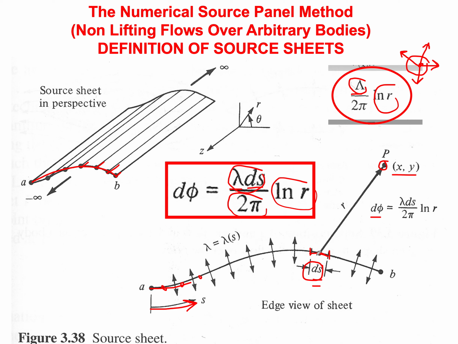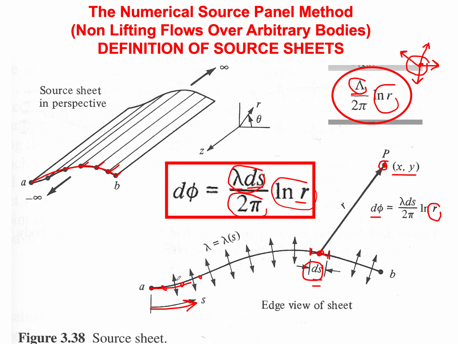That would be d phi. So it depends on the distance between the center of the panel and the point P, which is the r. So that gives me the contribution of this bit of the panel to the velocity potential here.